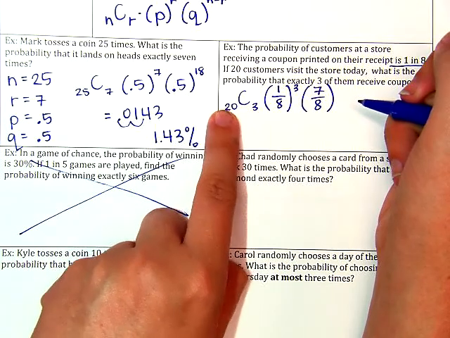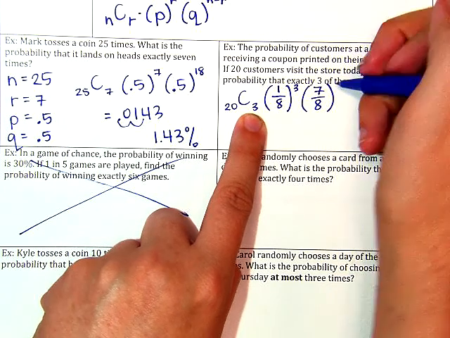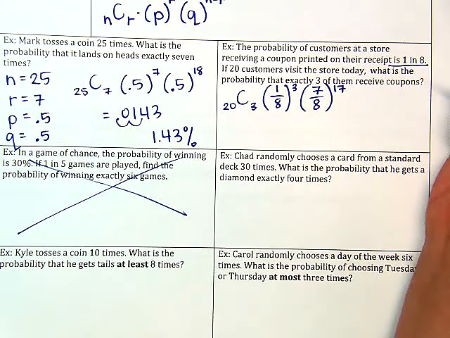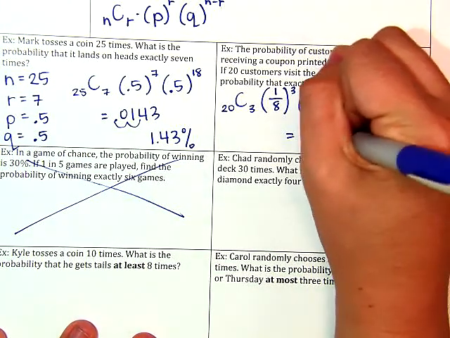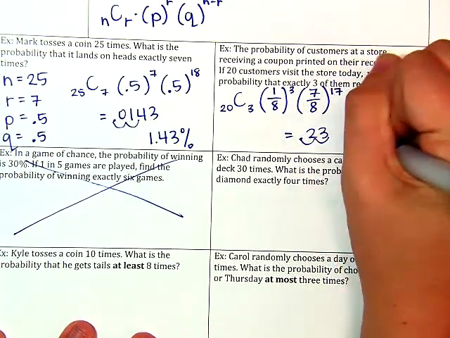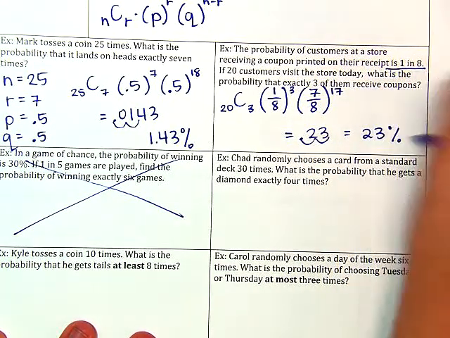And if I'm going to have 20 total, and I only want 3 successes, that means 17 of them are going to fail. Then go ahead and plug that into your calculator. Should get 0.23 or 23%.